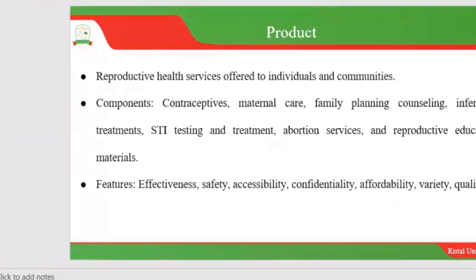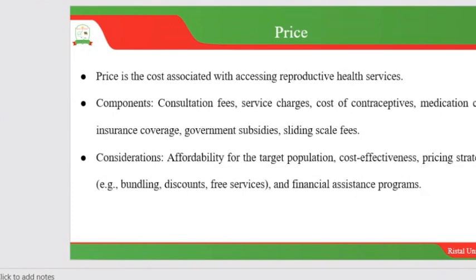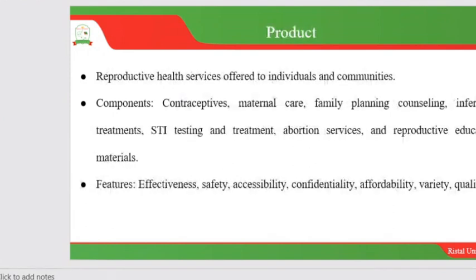Then another feature of a product should be its quality. How good is your product to perform the role it is supposed to perform? So those are some of the considerations when we're discussing the product. So in that aspect, you should be able to put it in all these components of reproductive health that we've discussed here.